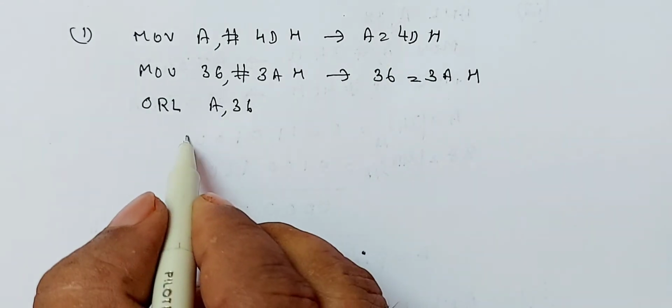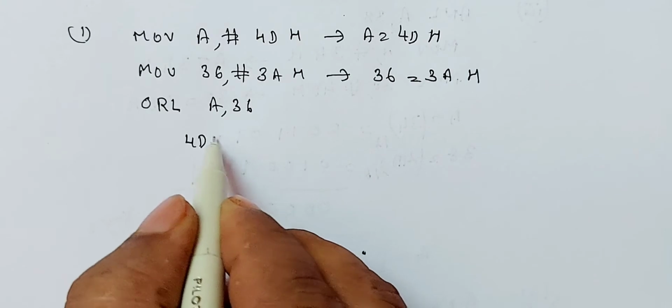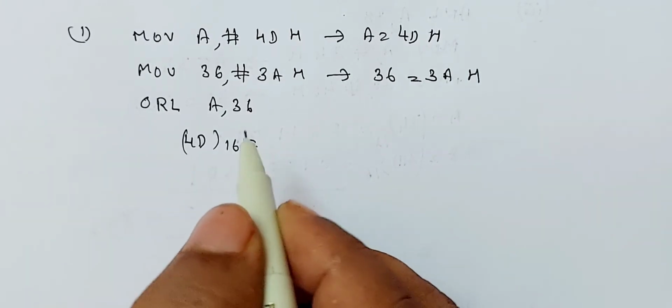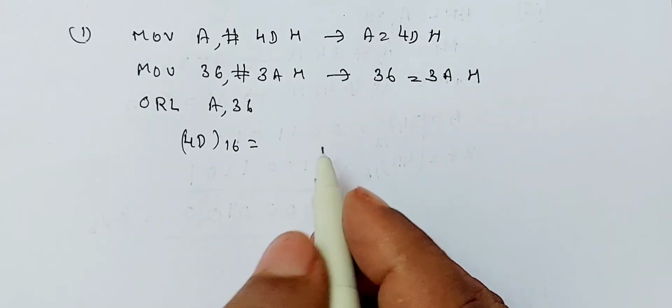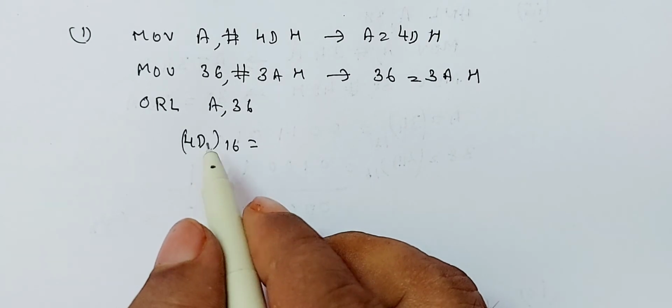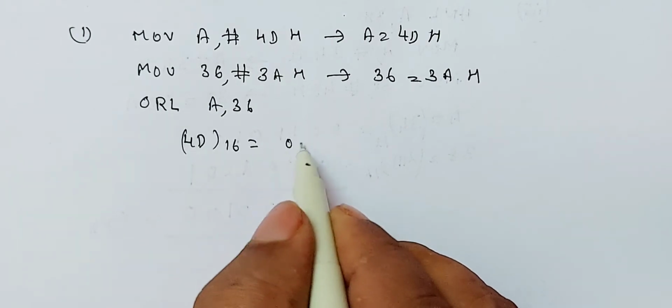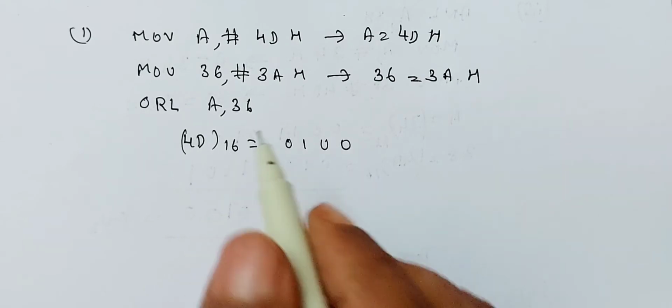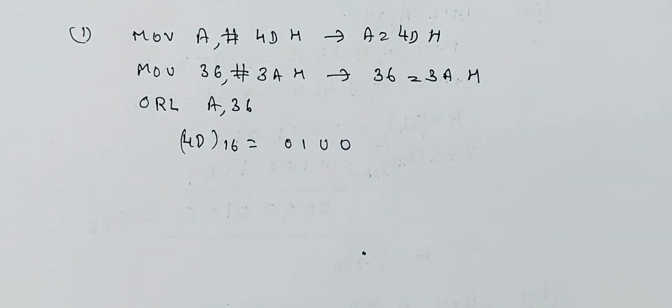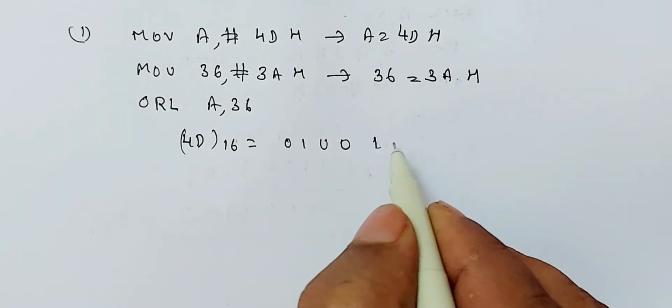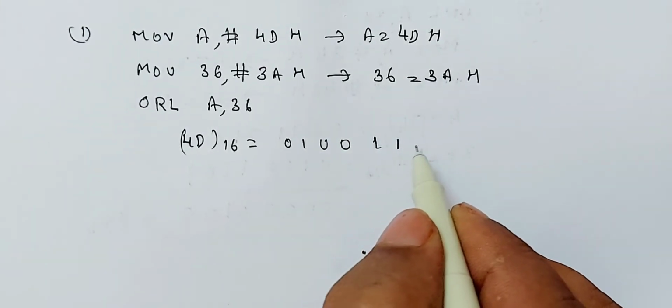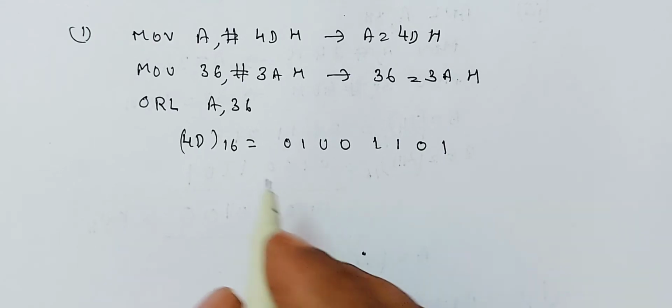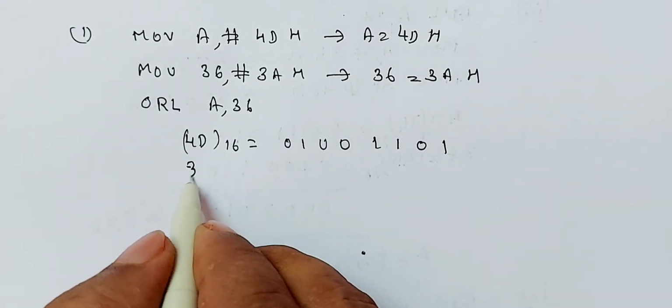First let us consider 4D. In hexadecimal, since bitwise operation is considered, write 4D in terms of 8 bits. 4 means 0100. D: A is 10, B is 11, C is 12, D is 13, that is 8 plus 4 plus 1, which is 13. And the next one is 3A.